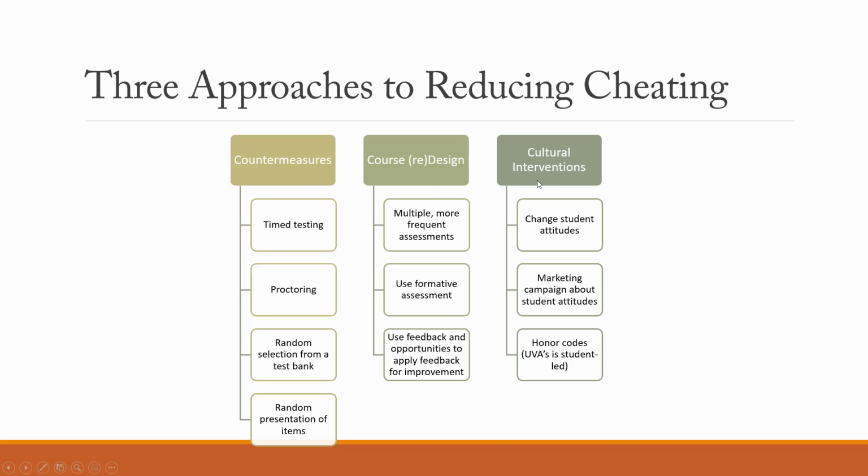In terms of cultural interventions, changing student attitudes or things like that go a long way as well, much further than these countermeasures. Some things that we've seen in universities and in schools are a marketing campaign about student attitudes.